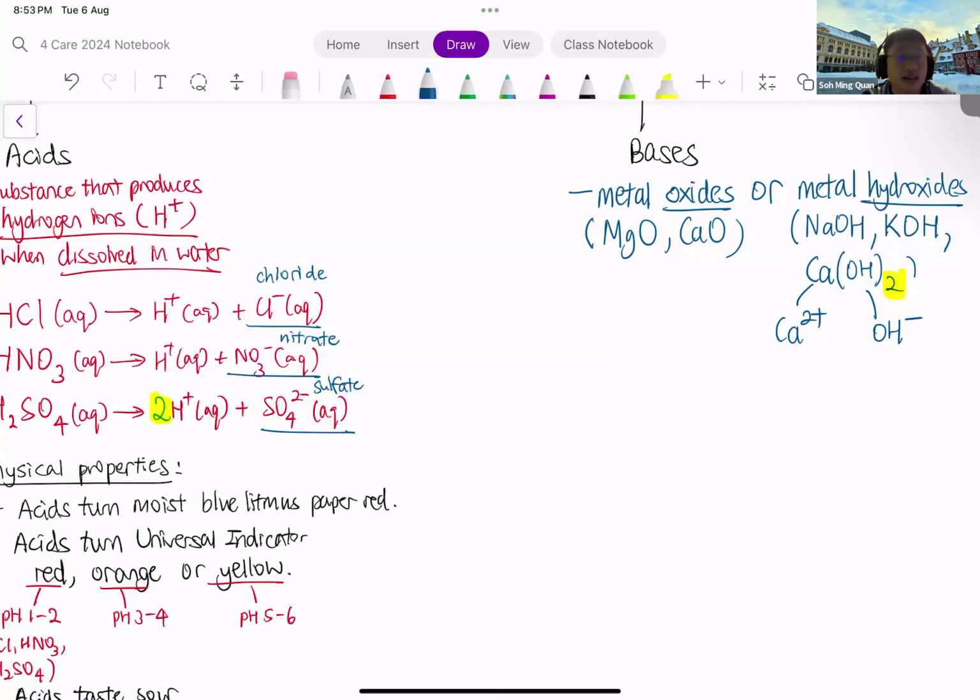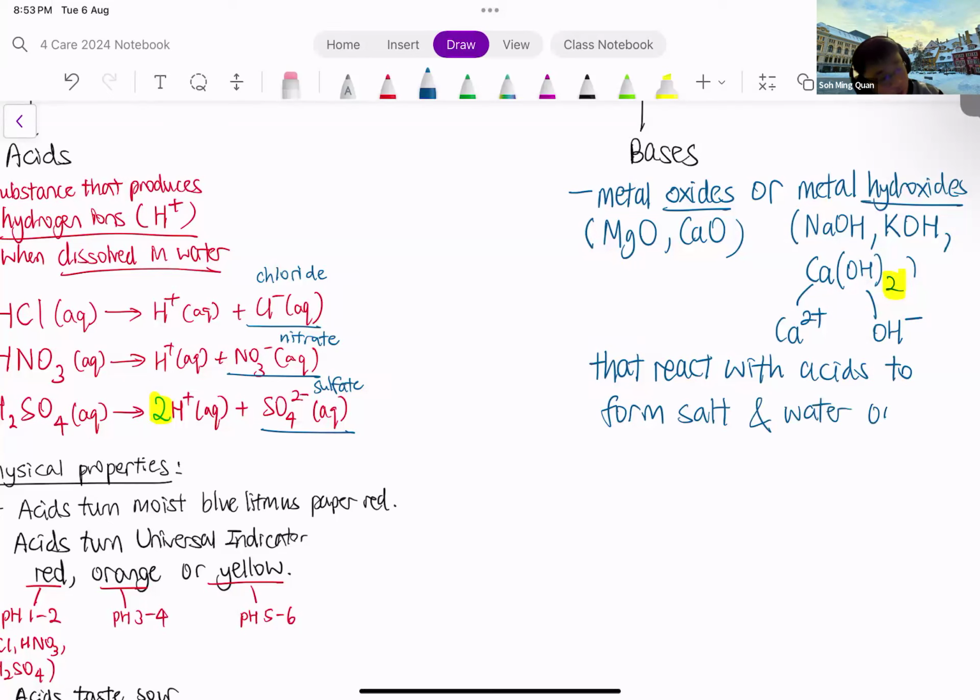Now, metal oxides or metal hydroxides are bases, and they react with acids. Base reacts with acid. Opposites react together. And when they react with acid, they form two things: salt and water only. So acid plus base becomes salt and water only.